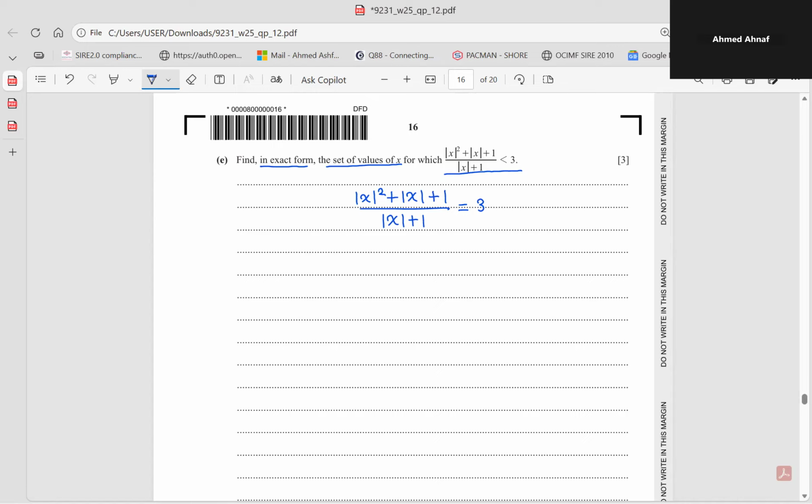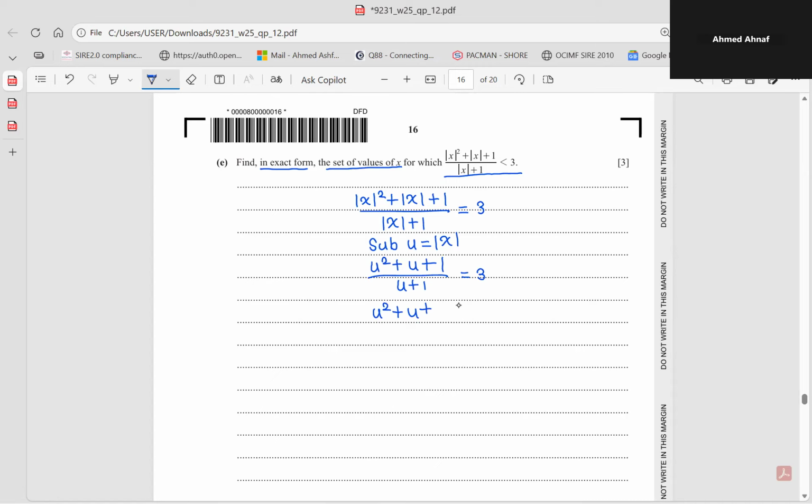As you can see, we don't really want to deal with this modulus, so we're just going to make a substitution. We're going to let u equal the modulus of x. So now this is a normal quadratic equation. So u squared plus u plus 1 equals 3u plus 3.